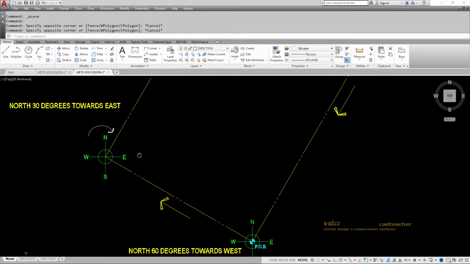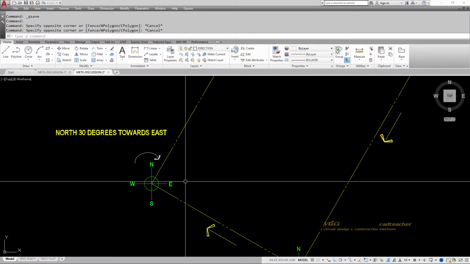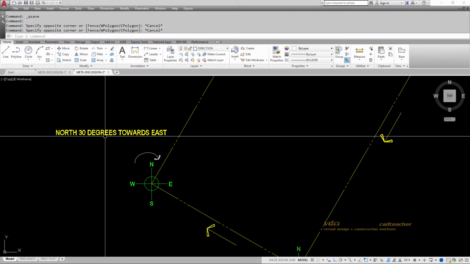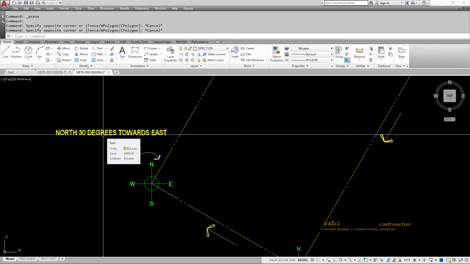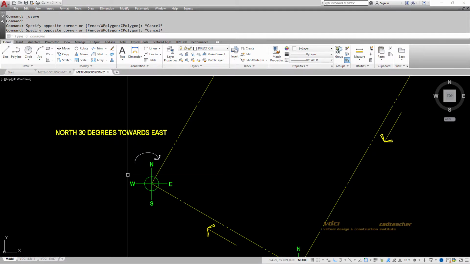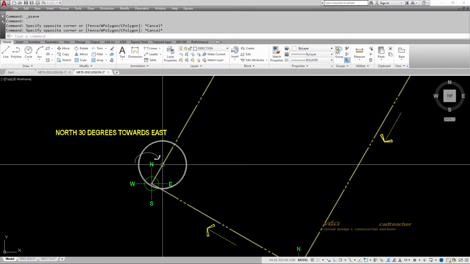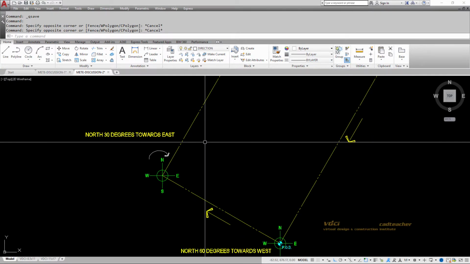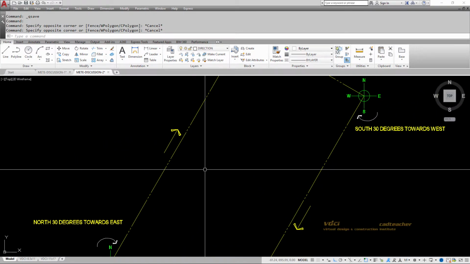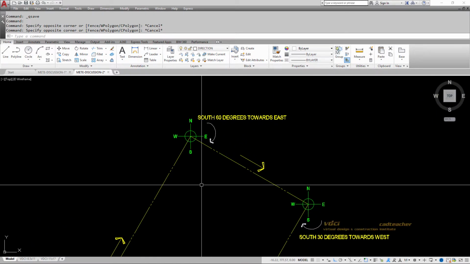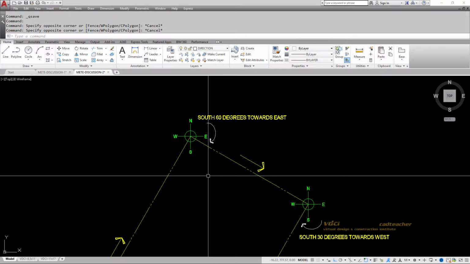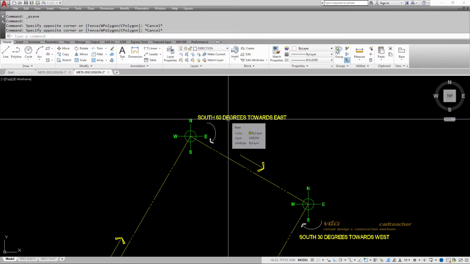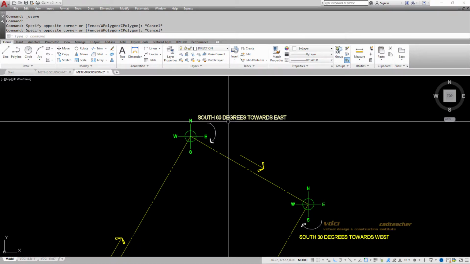If I pan over to here, this next segment is going north 30 degrees towards east. I'm continuing in the same direction. For this next segment, I'm going south 60 degrees towards east.